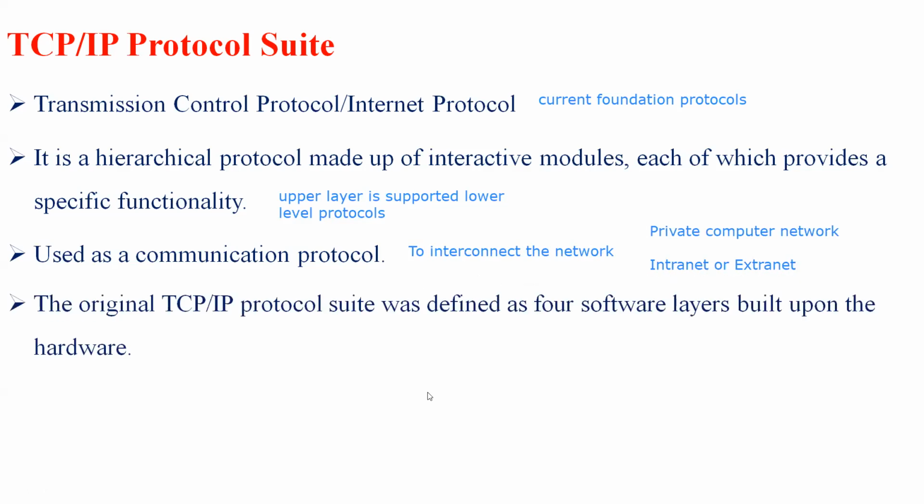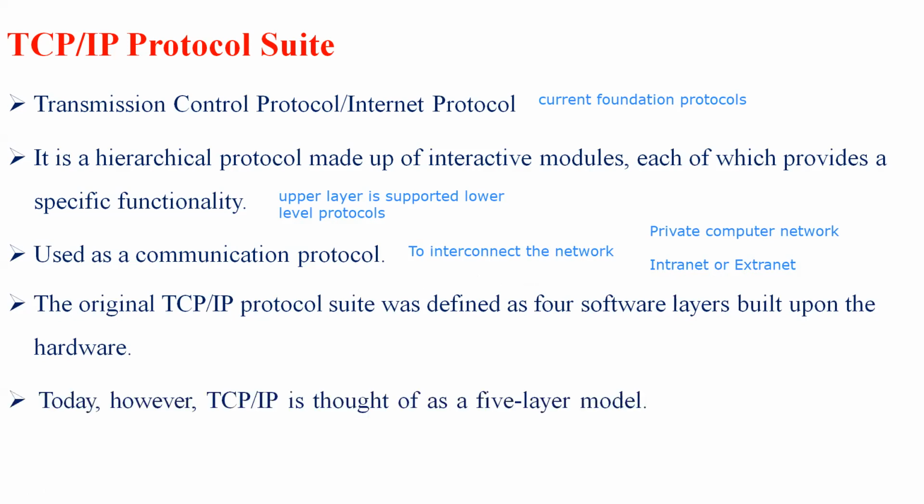The original TCP/IP protocol was defined as 4 software layers built upon the hardware. Nowadays we have a TCP/IP 5-layer model, but initially when it was developed, it was a 4-layer software model.